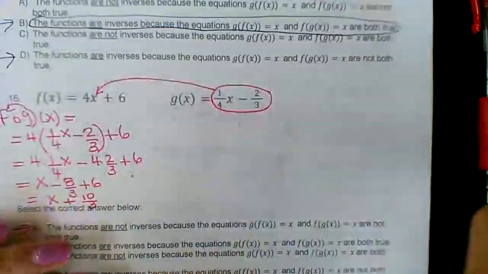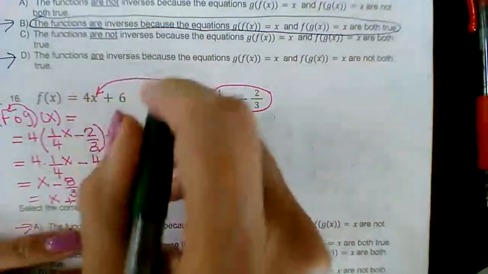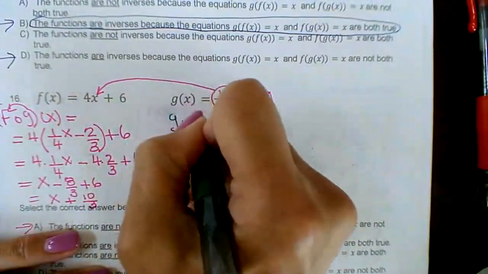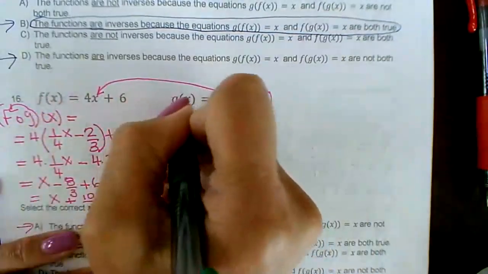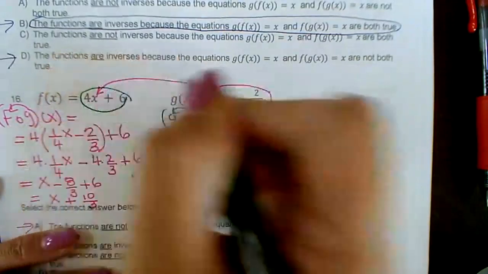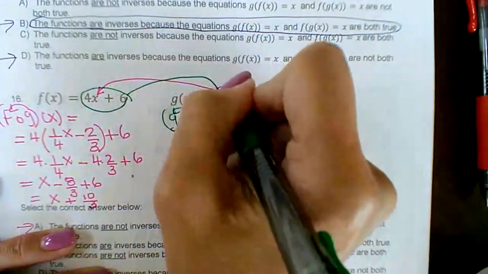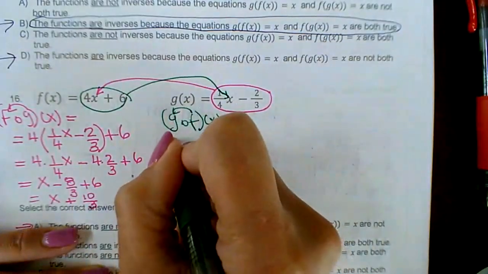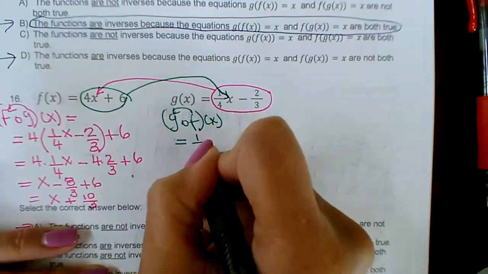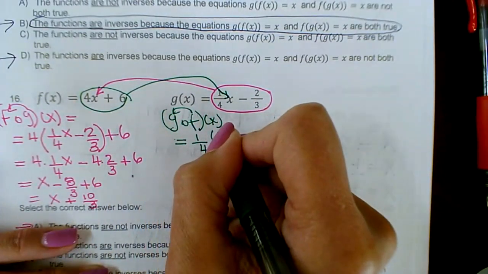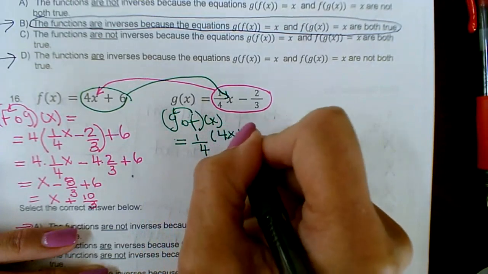And if we do the other one, which is g of f, meaning we take f and replace it right here. So that's going to be 1 over 4 times 4x plus 6.